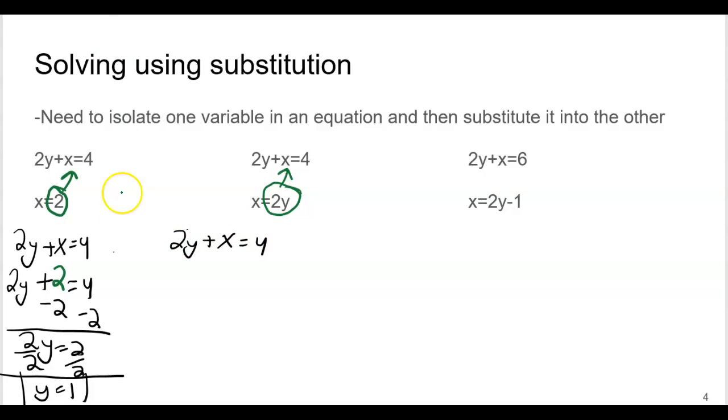So I would then put wherever I see an x, I'd put a 2y. I can combine those.